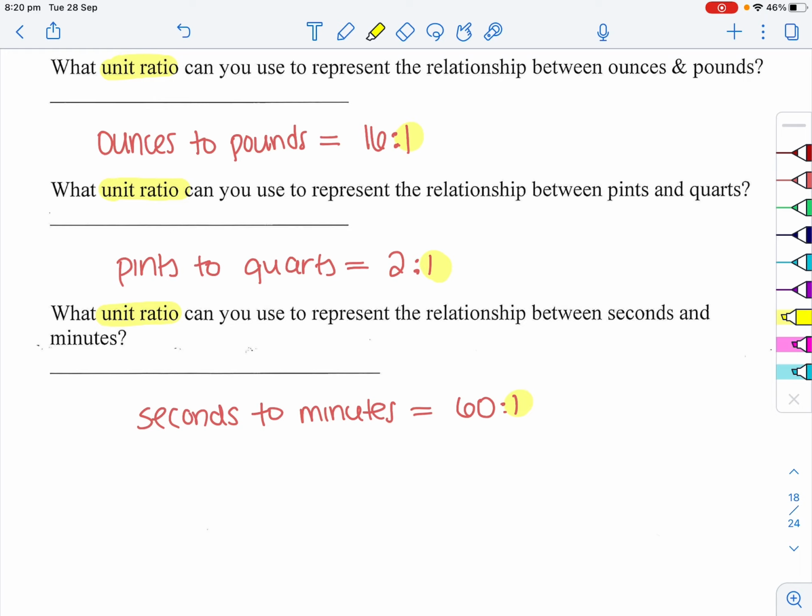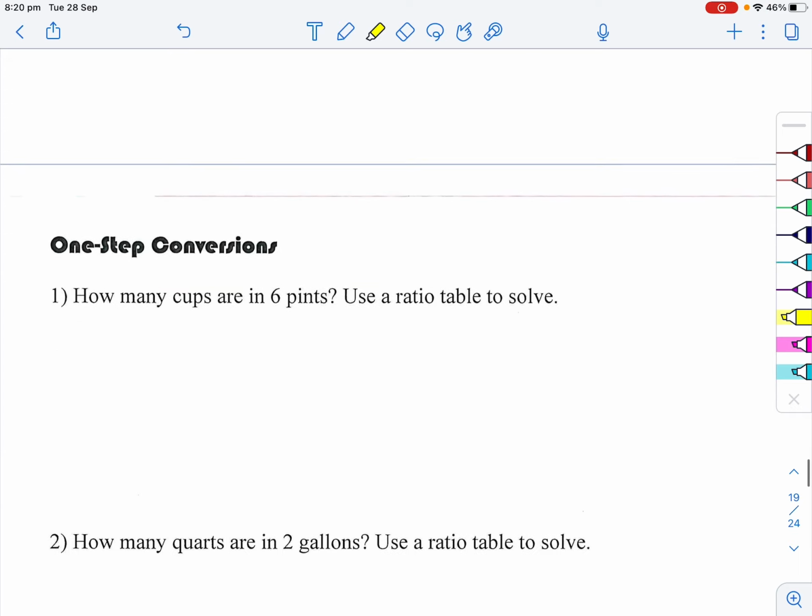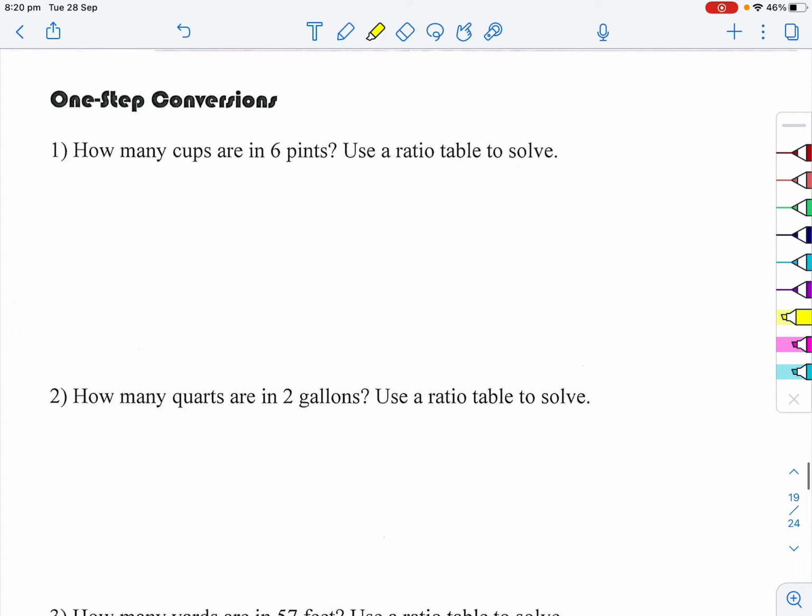So we're going to take the idea of ratio tables and then apply them to customary unit conversions. We're going to start with some one-step conversions. One-step conversions mean that you're going to use one ratio table. When we do two-step conversions, that's going to use 2 ratio tables. And if we do ones that include more than 2 conversions, we're going to use whatever number of tables we need.